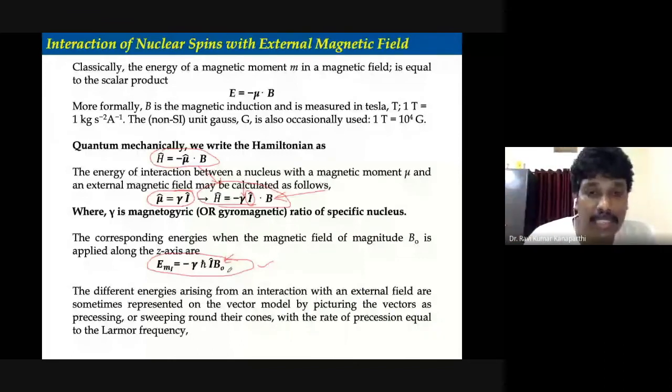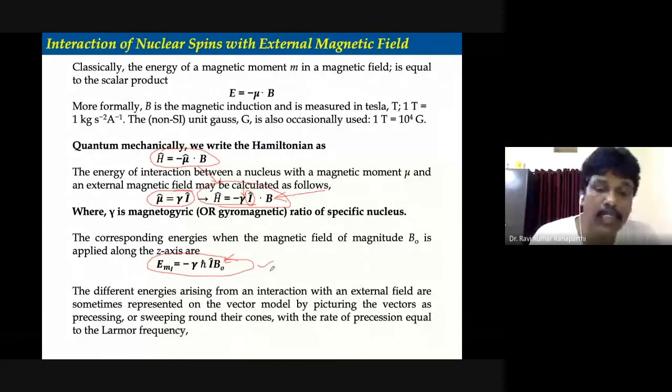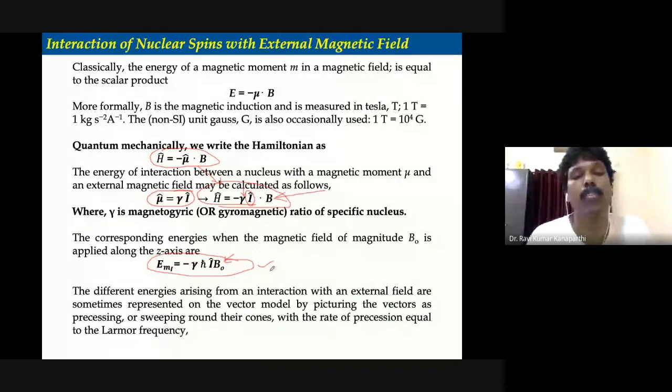This is the energy of the nuclei kept in an external magnetic field applied in a particular direction, the z direction.